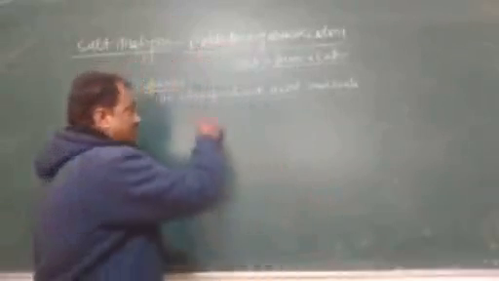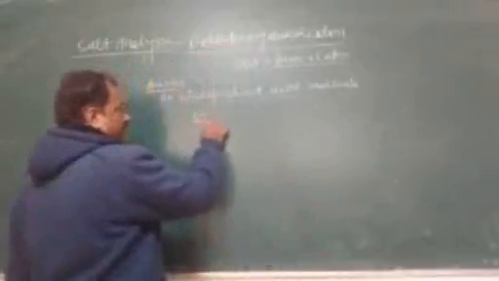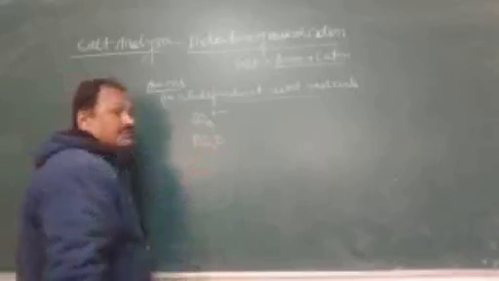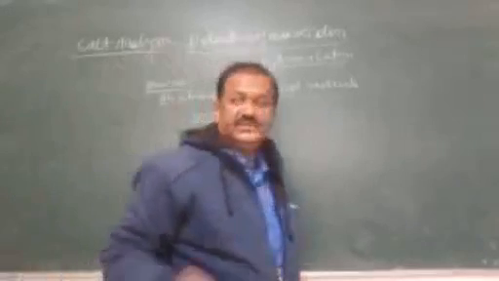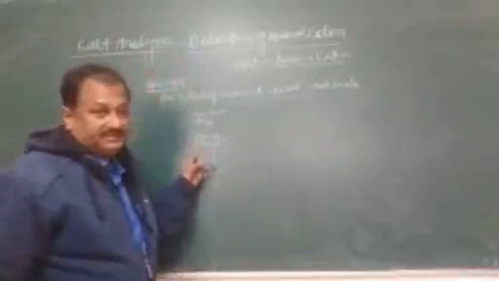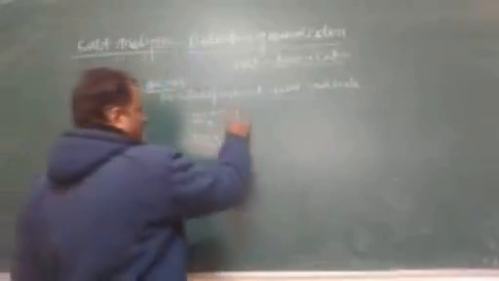First we do the test for sulfate, then we go for phosphate. There is a convention, nothing is written, but there is a convention that we go for sulfate first. So for sulfate, what do we do?